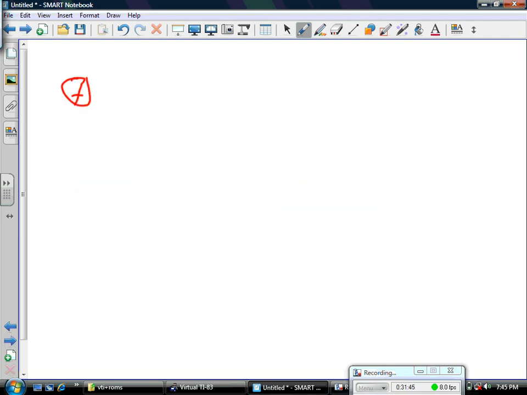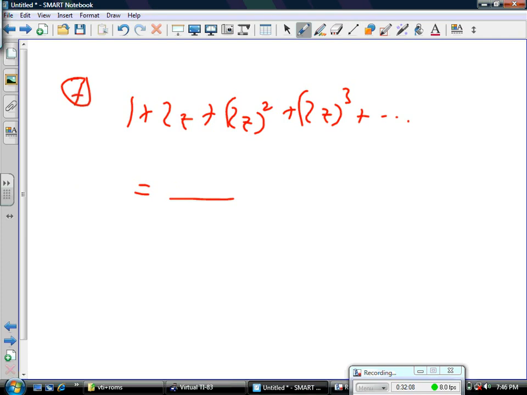Try that again. 7. 7 says 1 plus 2z plus 2z squared plus 2z cubed. Whether I plug in 1 for z or not, can you tell whether it's geometric? Yeah, who's a? 1. Who's r? 2z. Okay. So what does it add up to?